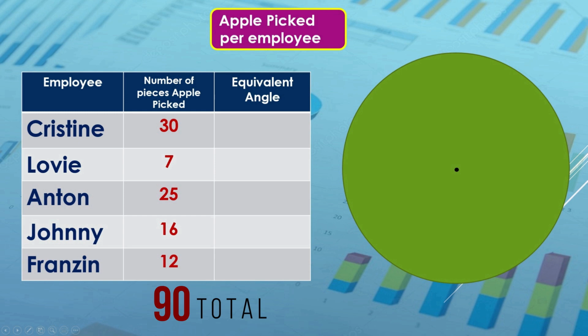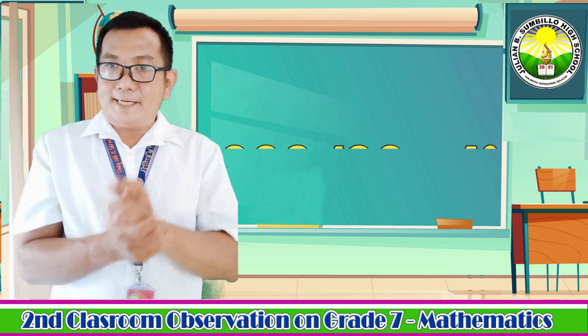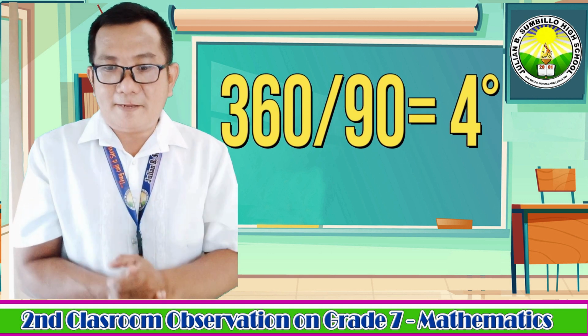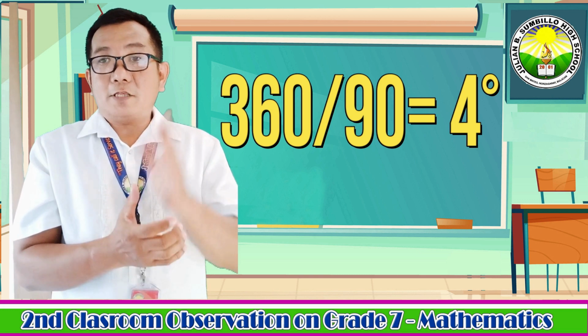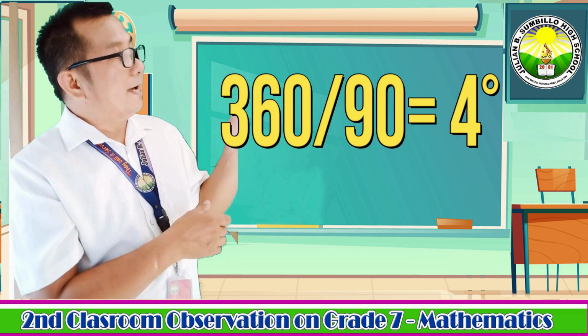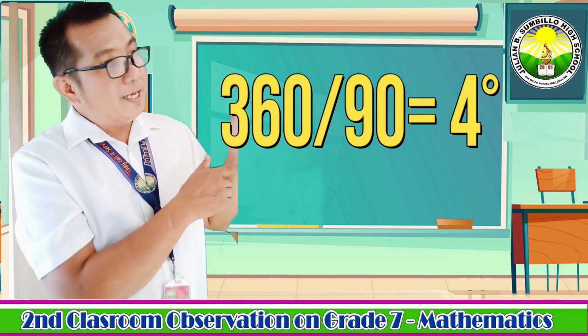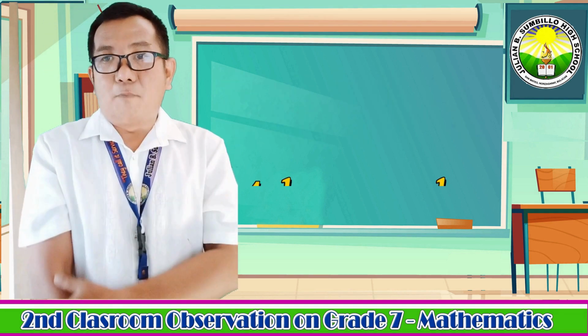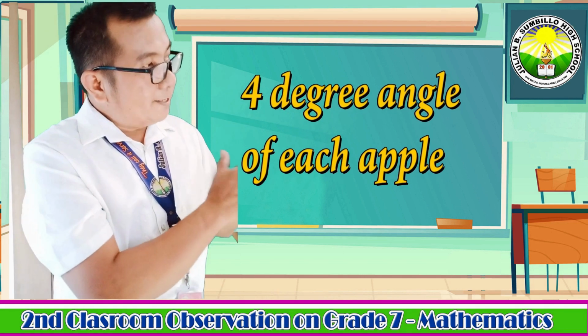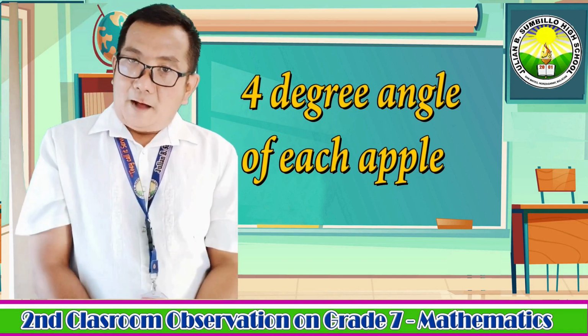Then, if we got the total, remember, we have 360 degrees on that circle. So just simply divide it to the total apples. So 360 divided by 90. So we got 4 degrees for each apple.